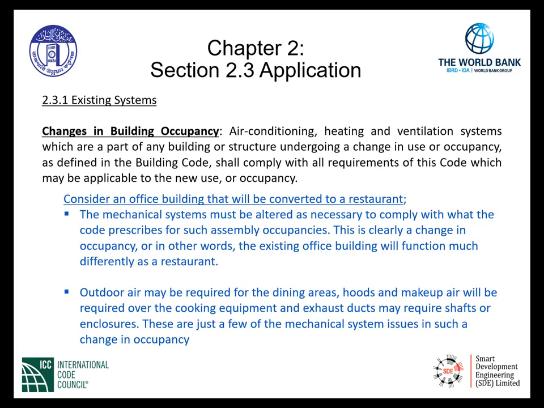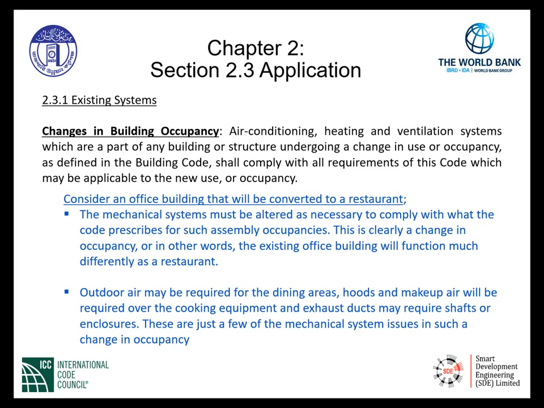Additionally, with a restaurant, we may have a commercial kitchen installed where we need exhaust systems, makeup air systems, and heating, cooling, and ventilation systems installed for that function within the new restaurant.